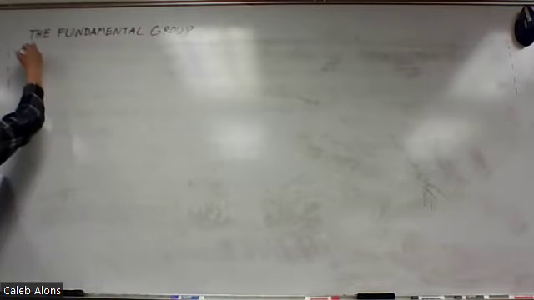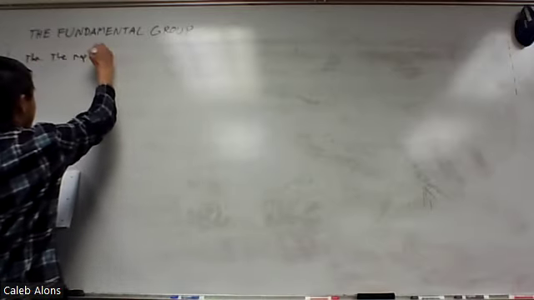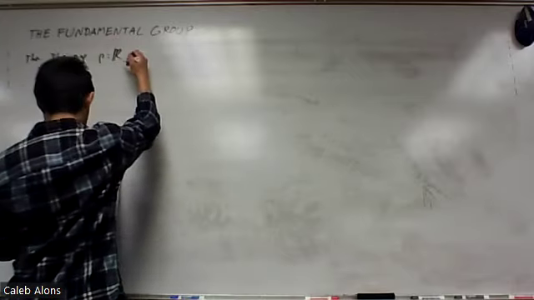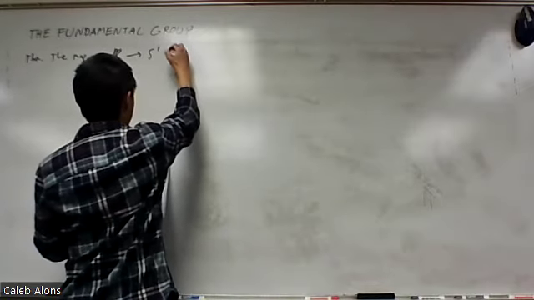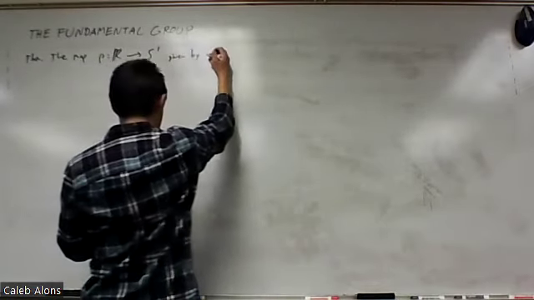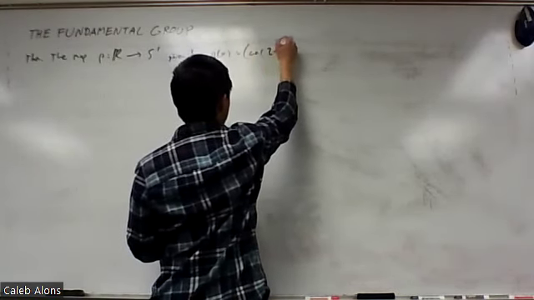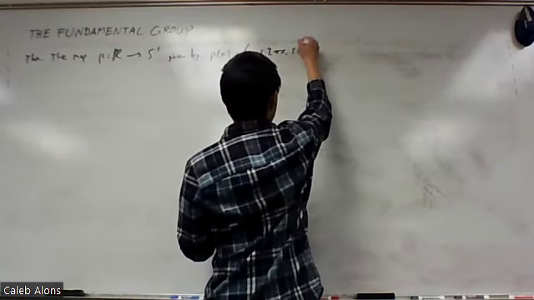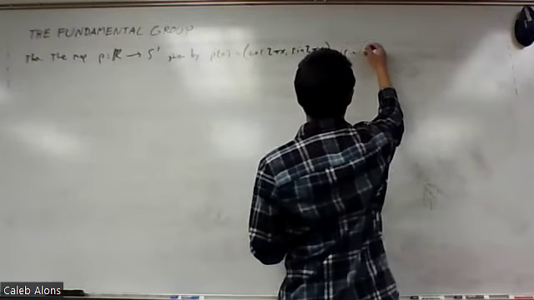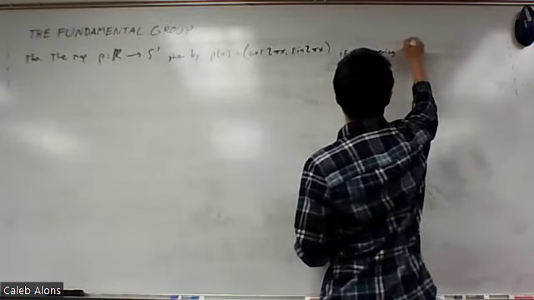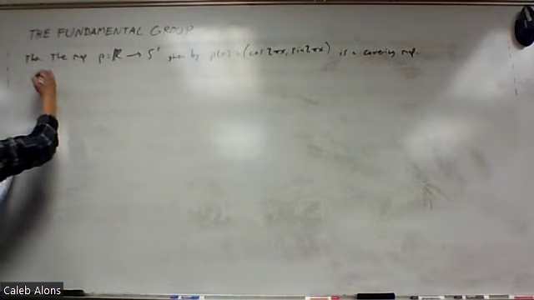So the map P takes the real numbers onto the sphere S one, given by P of x is equal to the point cosine 2 pi x, sine 2 pi x. This is what we call a covering map.